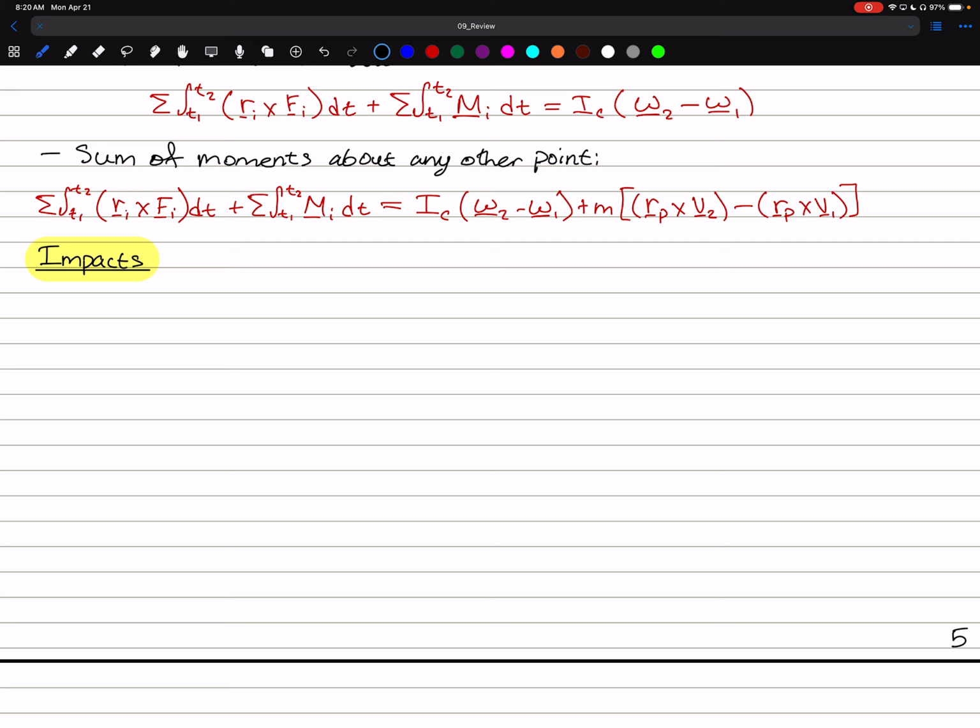So an impact is a very short duration collision between two objects. I'll just say impacts are very short duration collisions between two objects.